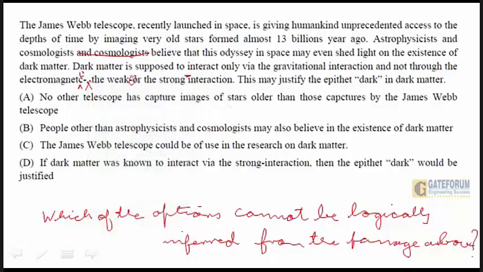I don't know whether that's a full stop or my pen's dot, whatever it is. That is not here. Electromagnetic hyphen, the weak or the strong hyphen interaction. So electromagnetic interaction, which means it is clearly said dark matter is supposed to interact only via gravitational interaction and not through electromagnetic interaction. This line is the key line of this passage. This may justify the epithet. Epithet means word, but inclusion, okay, in dark matter.